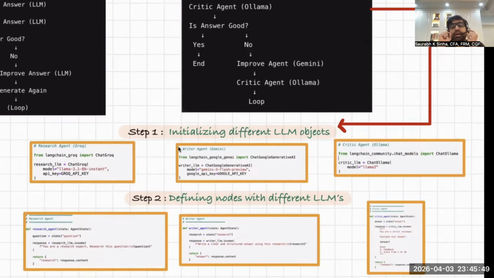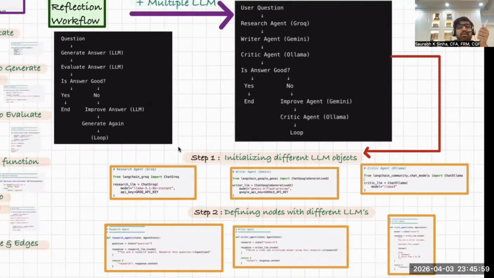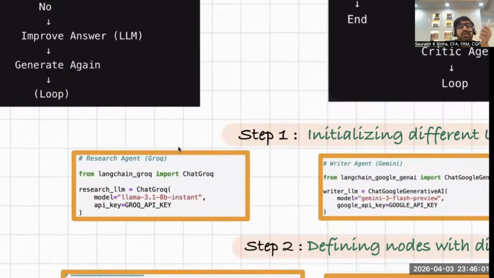But what is important to understand is that this multi-agent architecture is completely flexible. If you want to change the research agent, you just have to define a different object. That's it. So you can easily change research agent to critique, critique to writer. You can change the model, you change the LLM. And that's why this system becomes very flexible and scalable.